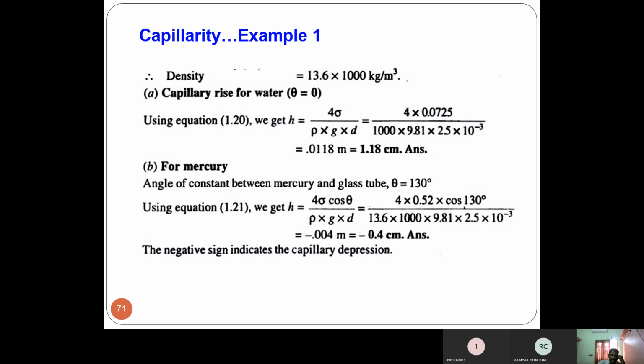Being cos 130 degrees, we will get a negative value because in the second quadrant cos theta is negative. That is why we are getting a negative value. H is equal to minus 0.004, which indicates depression or a fall from the surface. The negative sign indicates the capillary depression.